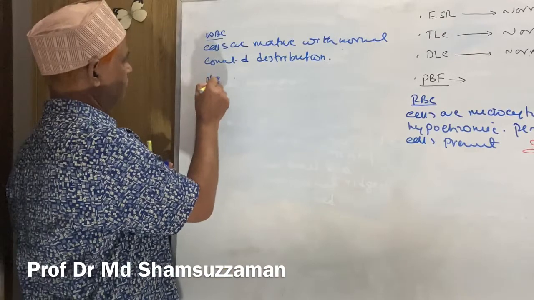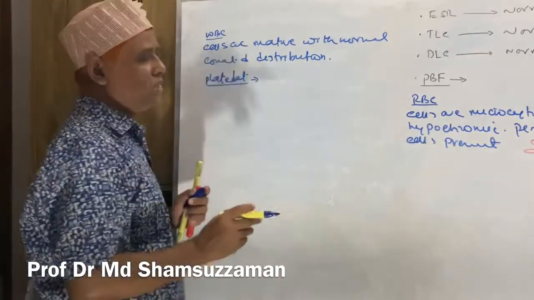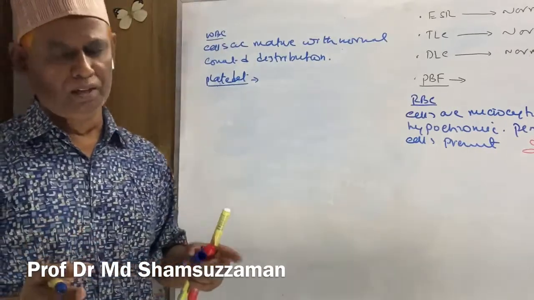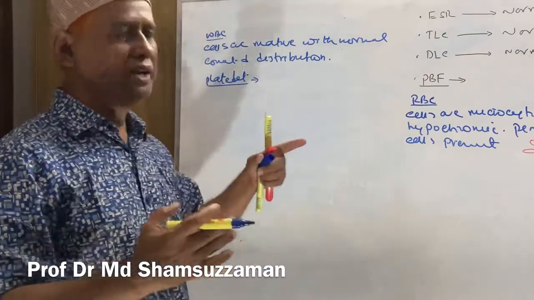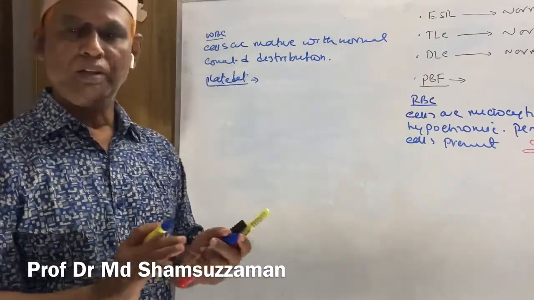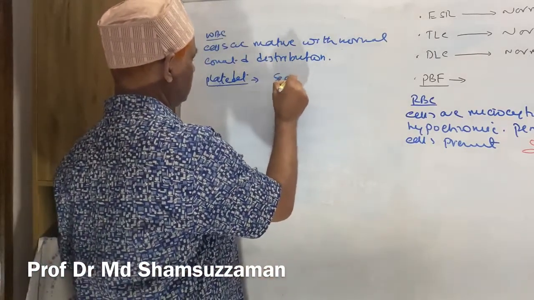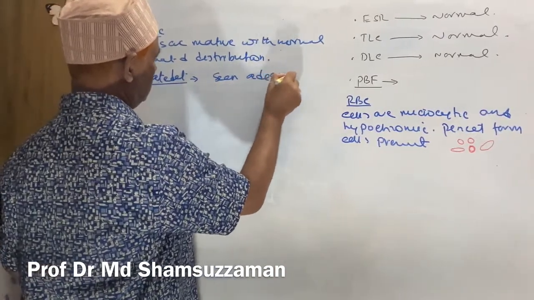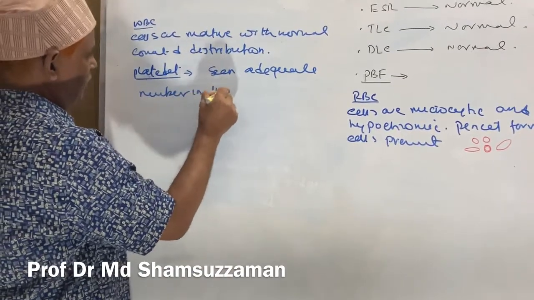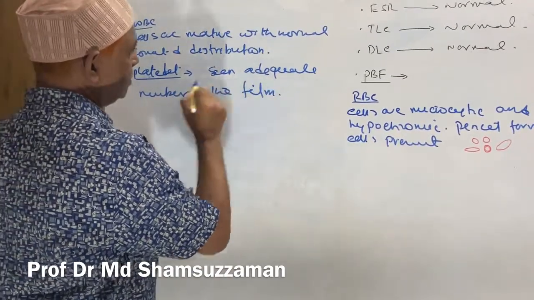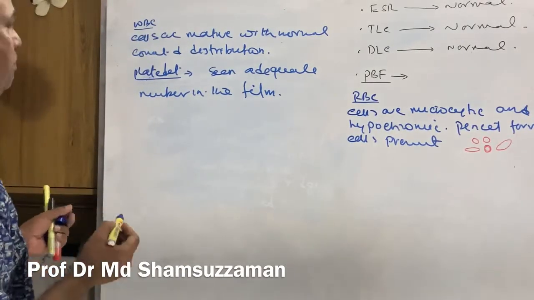Then platelets. You know, the normal platelet count is 1.5 lakh to 4.5 lakh or more per cubic millimeter of blood. The peripheral blood film shows an adequate number of platelets. That means it is not a disease of platelets. So this is the peripheral blood film examination in iron deficiency anemia.